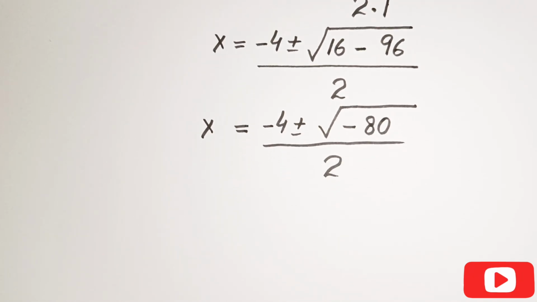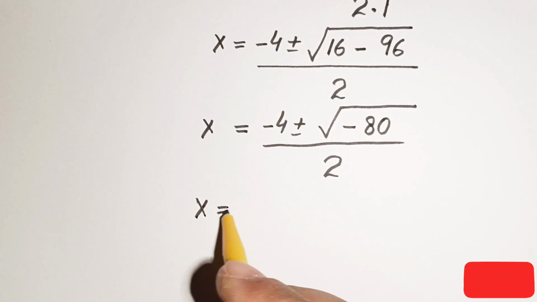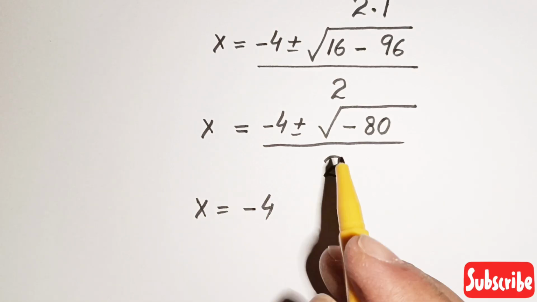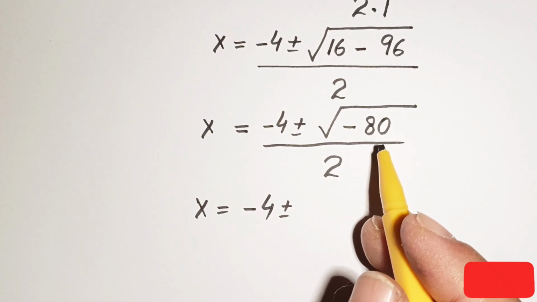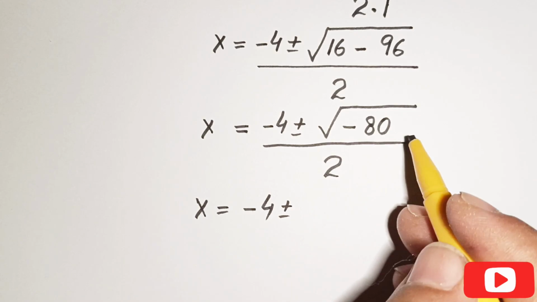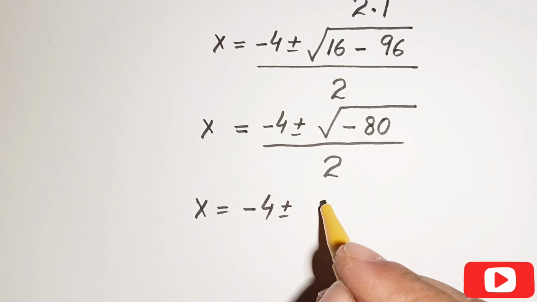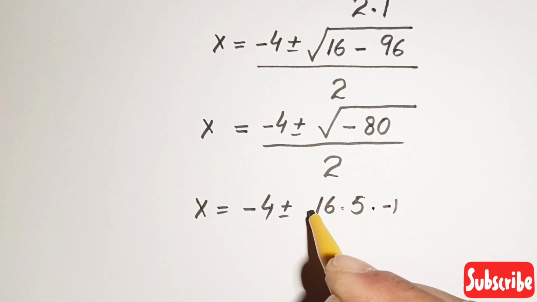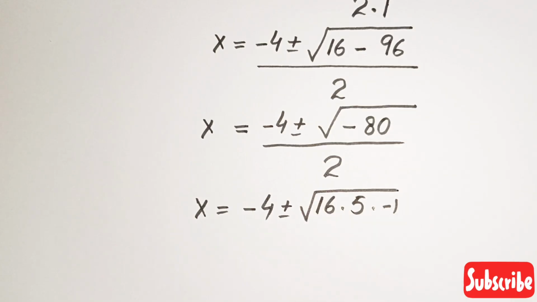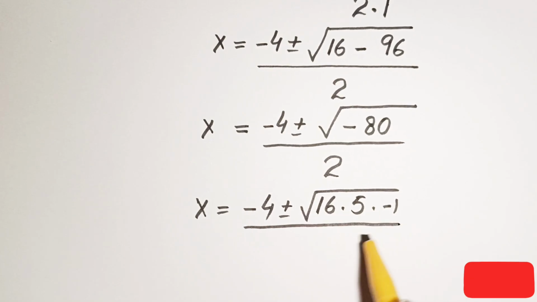Here x is equal to minus 4 plus minus the square root of minus 80, which can also be written as 16 times 5 times minus 1, all over 2.